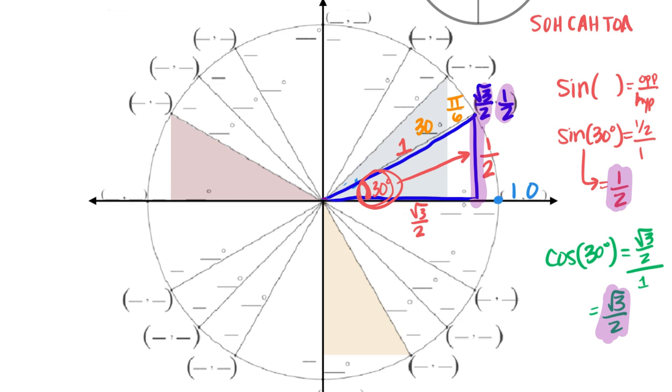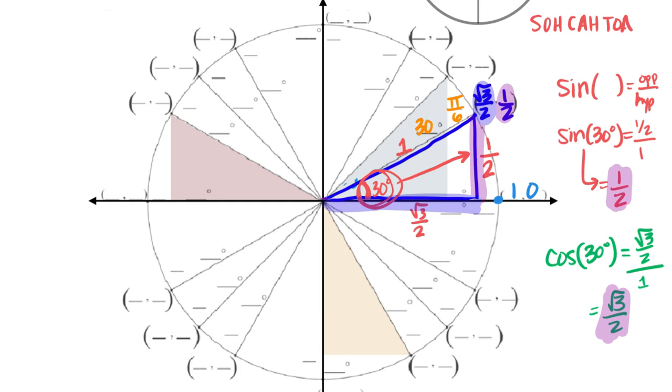The y value is the sine, which is the part that's going up and down, the opposite side. And then cosine is the adjacent side, and that's the part that's going side to side in the x direction. So cosine is the x value.